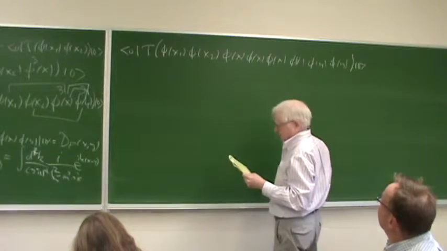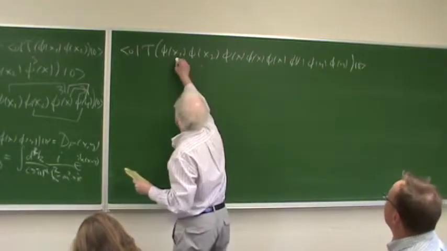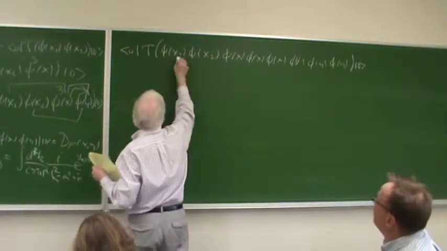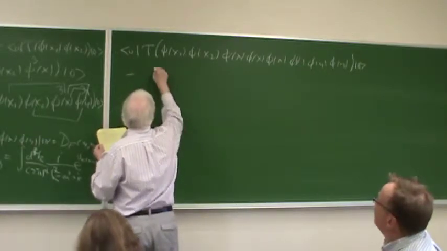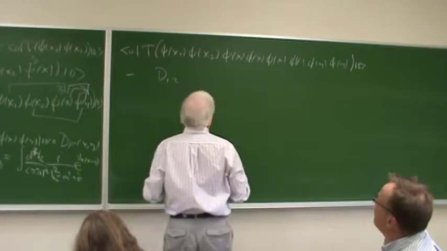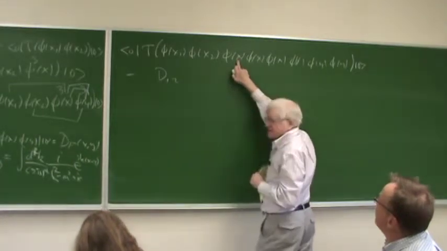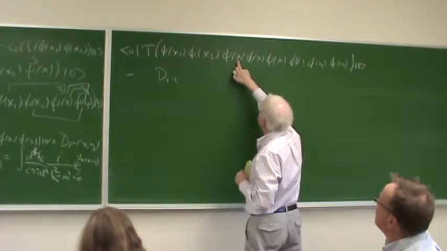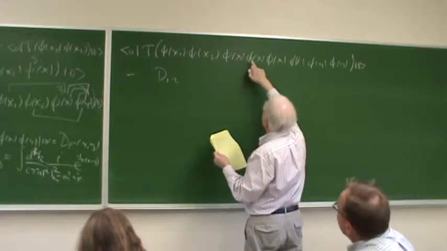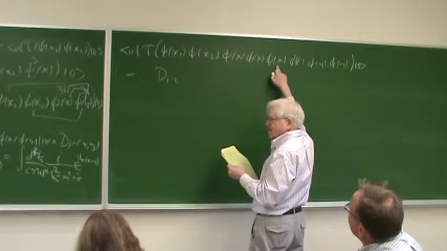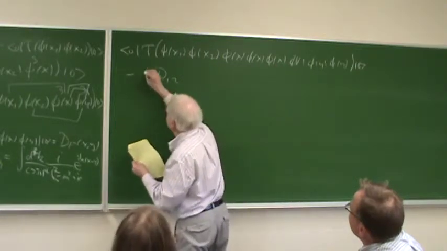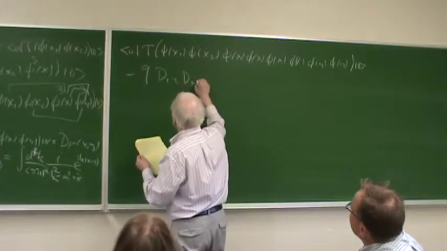What can happen here? Well, you can contract these two guys, and that'll give you D12. But now each of these can contract with any of these. So that's 3 times 3, so that's 9 Dxx.